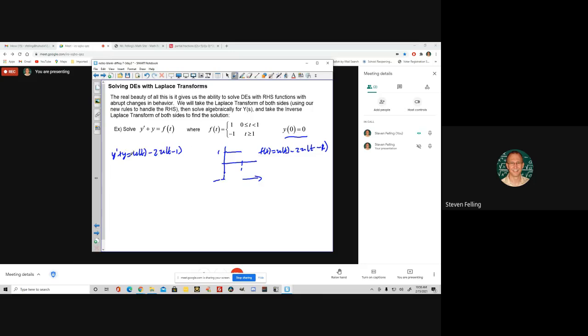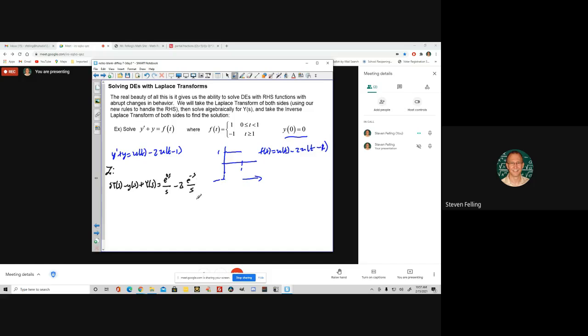Let's take the Laplace transform. We've got the derivative, which is sY(s) minus y(0), plus the y, which will be Y(s). Then the Laplace transform of the unit step function with a shift of 0 would be e to the 0s over s, minus 2 times the Laplace transform of the unit step function shifted 1, which is going to be e to the negative 1s over s.